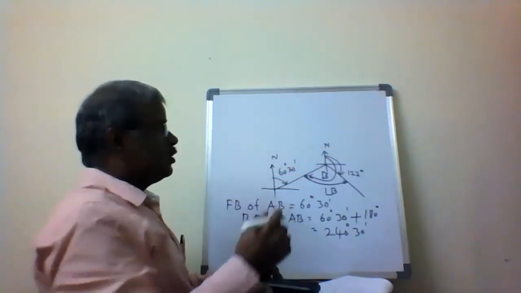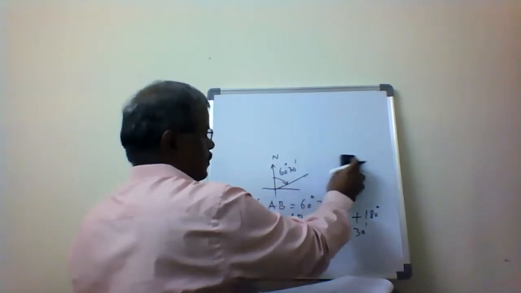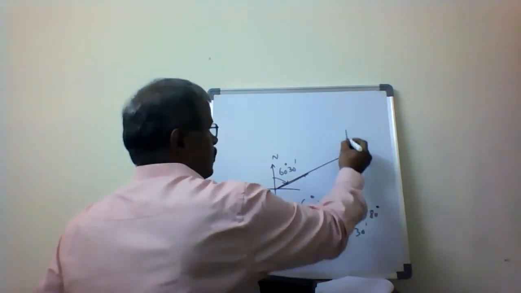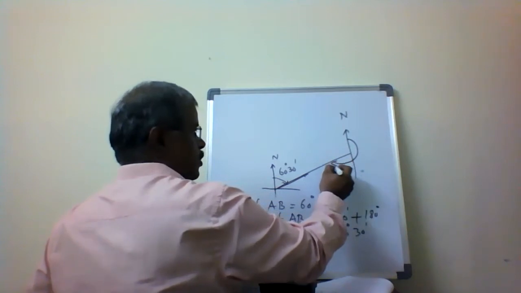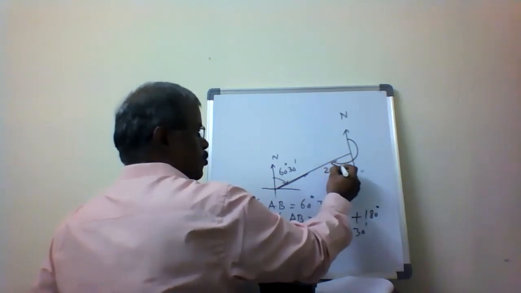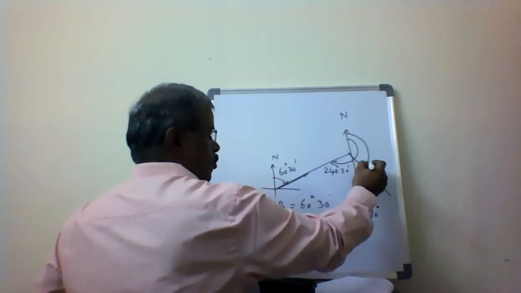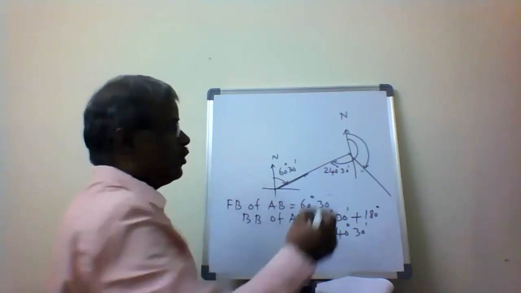240 degrees 30 minutes. So the backward bearing is 240 degrees 30 minutes. The forward bearing BC is given as 122 degrees.